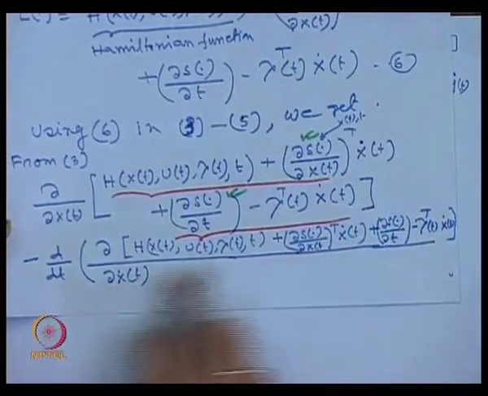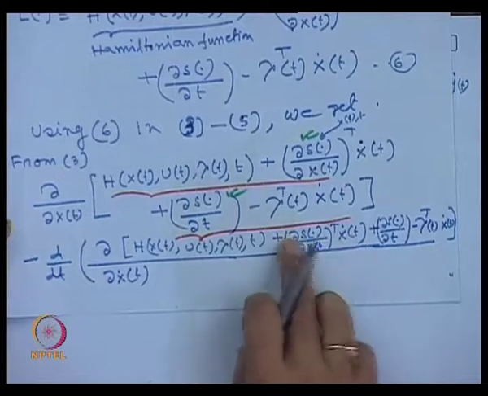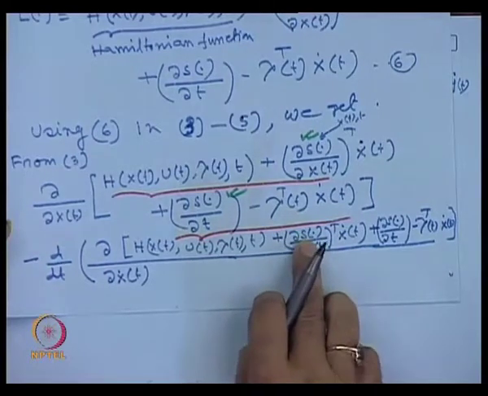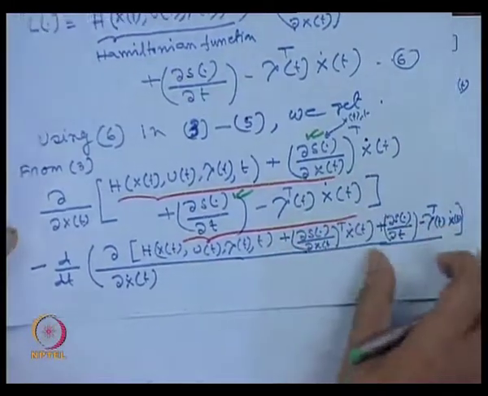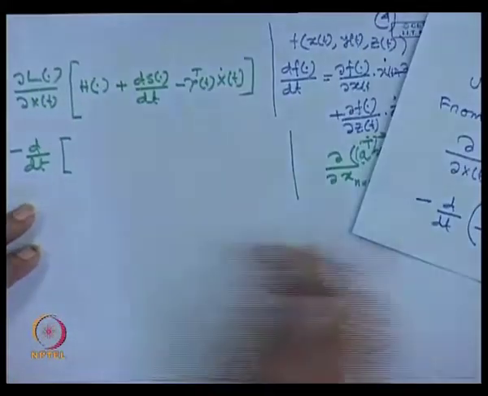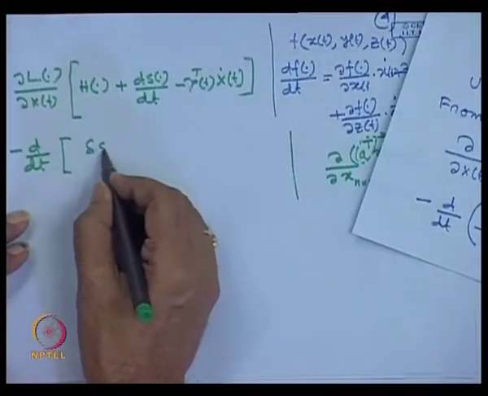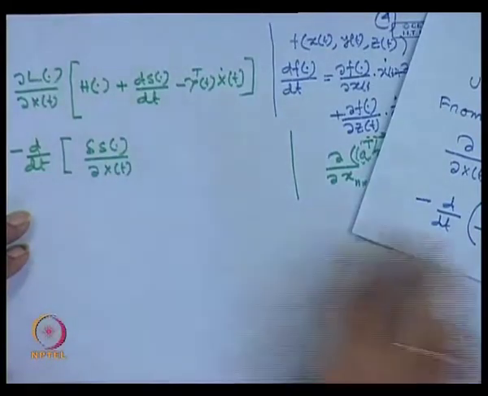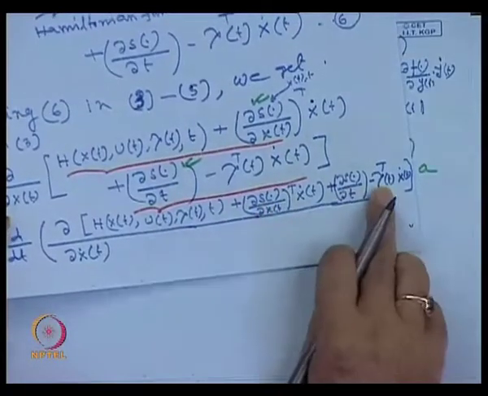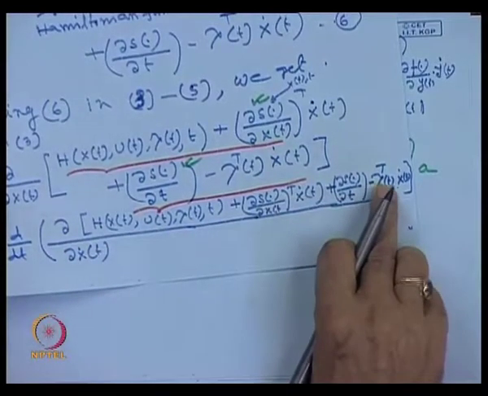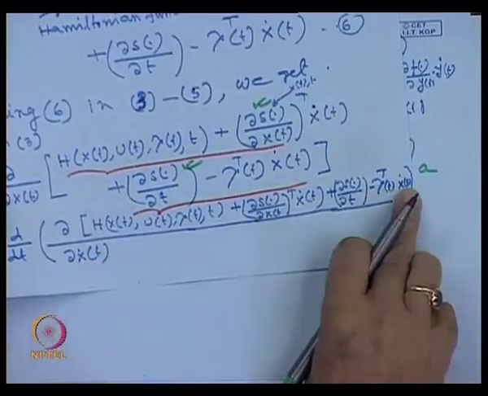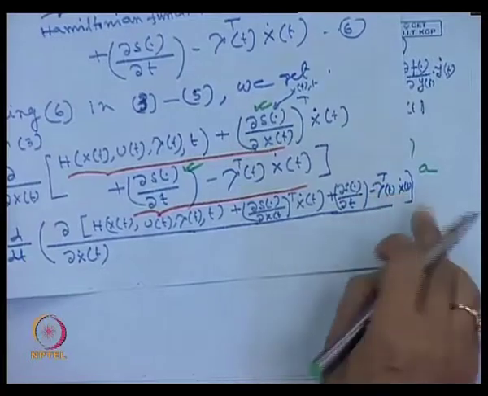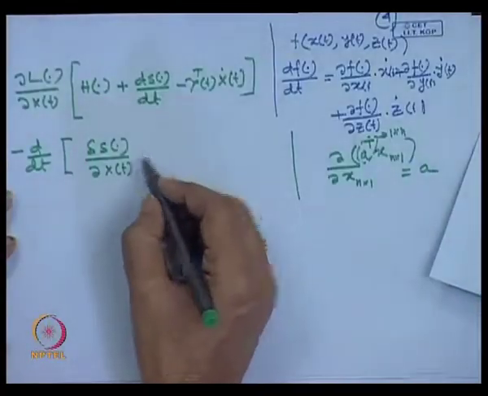Ultimately I will get the differentiation of S with respect to x(t) and this term. Similarly, this is minus λ transpose x dot, the differentiation with respect to x dot is 1, and this will be λ(t) minus λ(t).